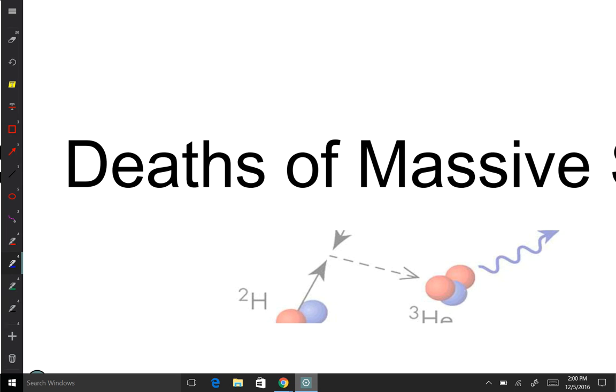Okay? Then the next step up was, what is the minimum mass for a star to start fusing helium in the core? 0.5 solar masses. And why was that? Because it was kind of a weird one.